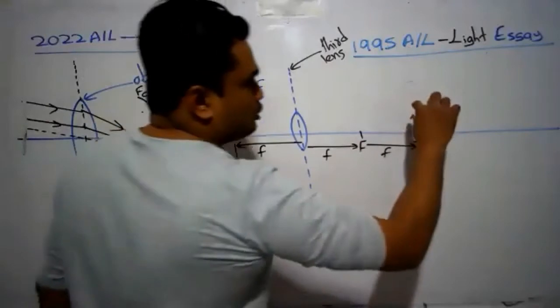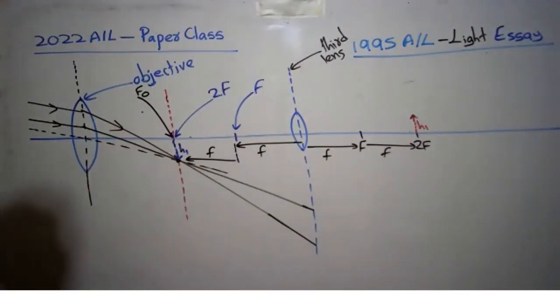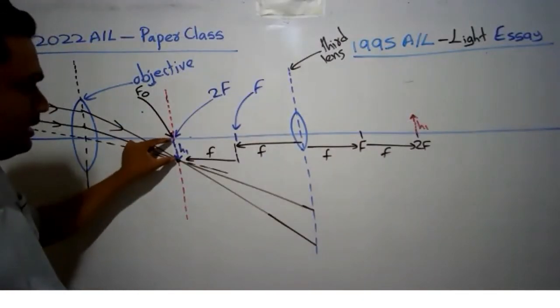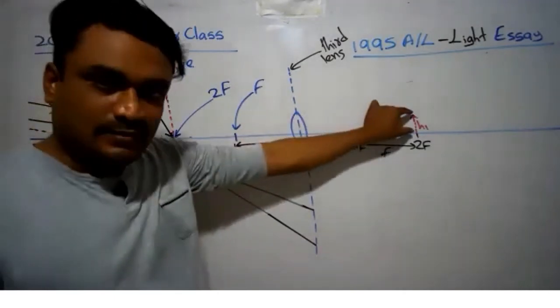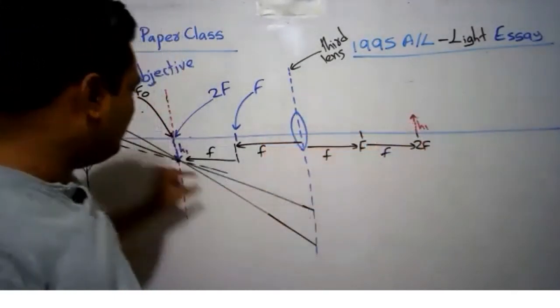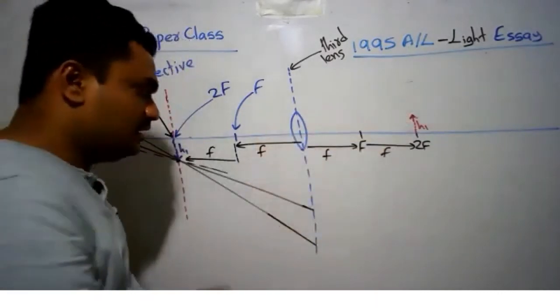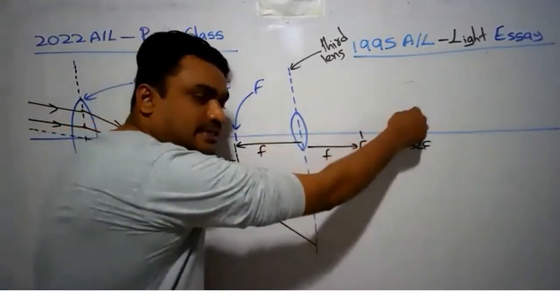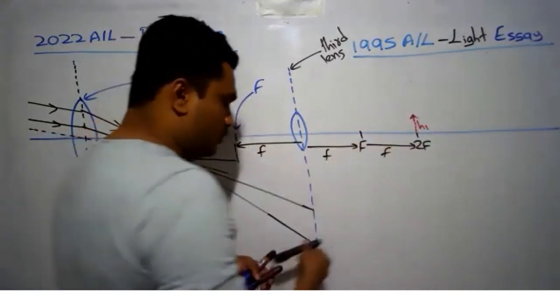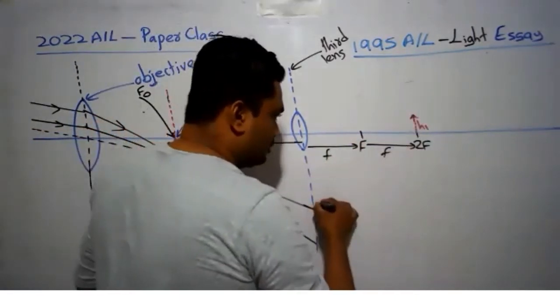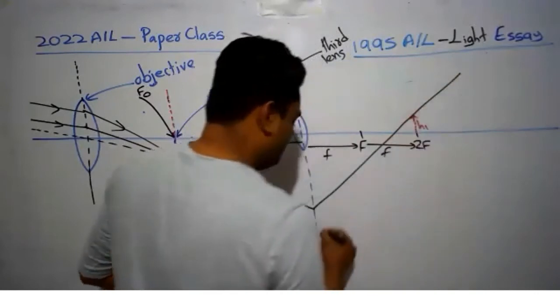So as we are so sure that the height of this one and the height of its image are the same, we can just measure this height and mark the image here. These two light rays should go through this image. So just join them by using a ruler like this.